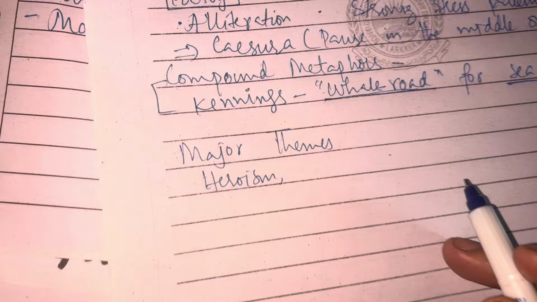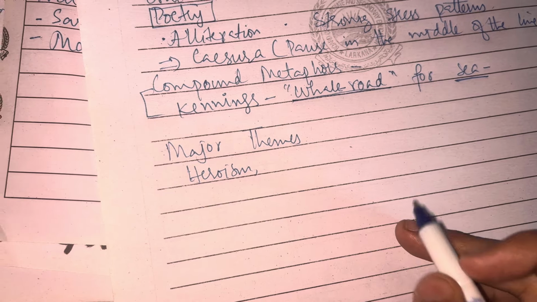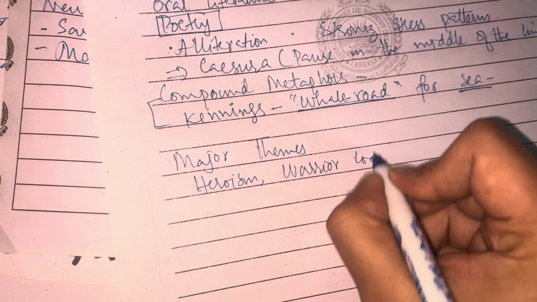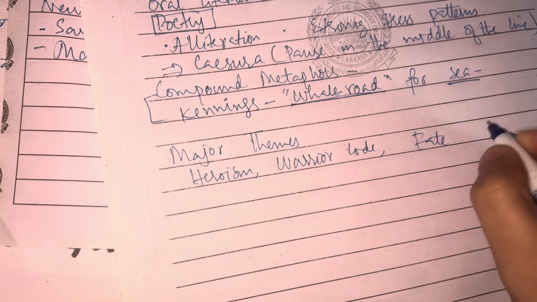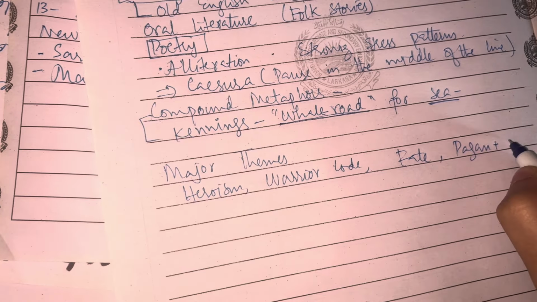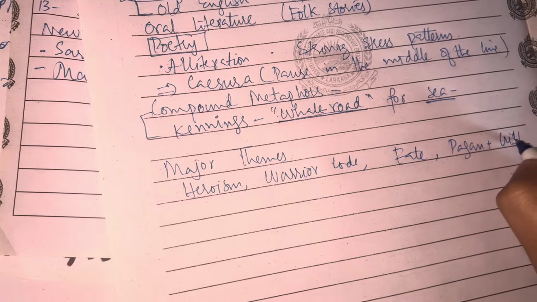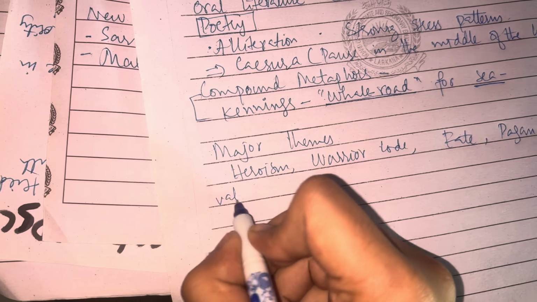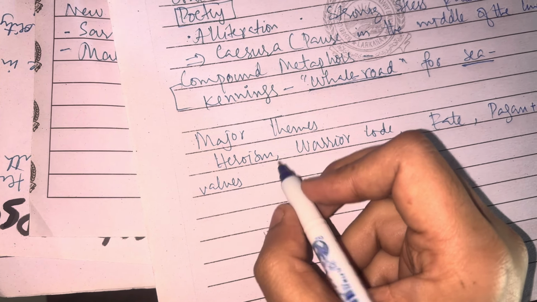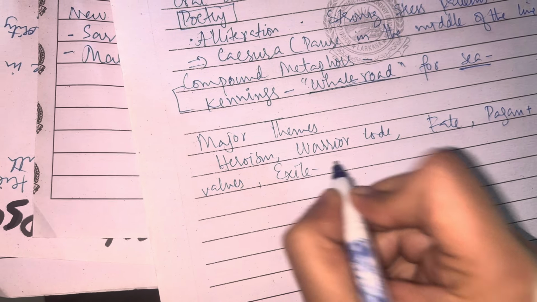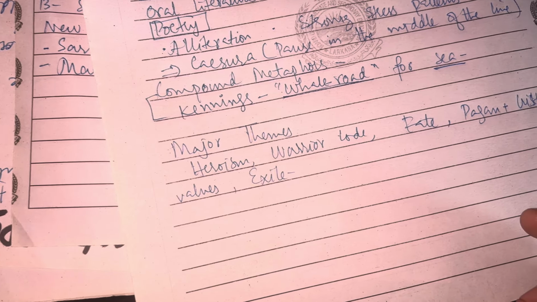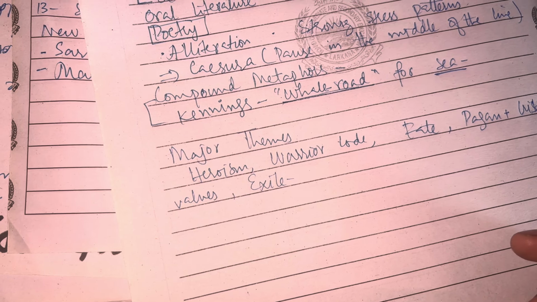So there was the theme of heroism, warrior code, fate, pagan and Christian values, and exile. Exile means when a person is thrown out of a city or a country in the form of punishment.